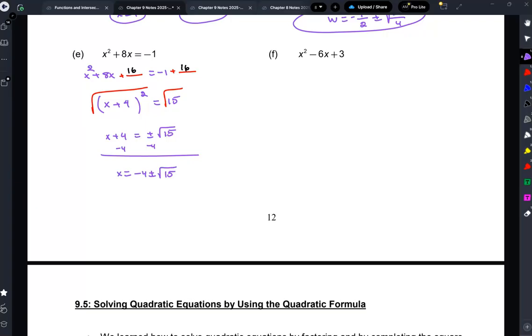Okay? This one, we need to do equals 0 for this one. Okay. I'm going to give you 2 minutes. Go.